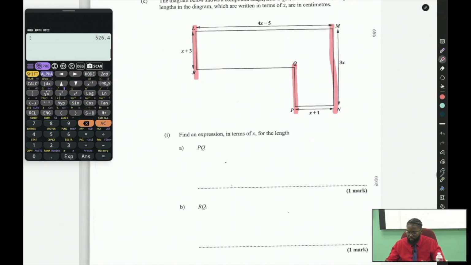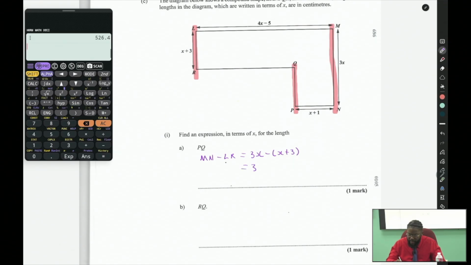So we could subtract LR from MN, so MN subtract LR, which would give us 3x minus x plus 3.